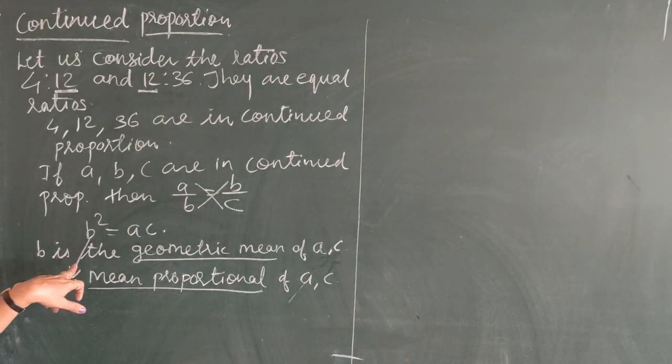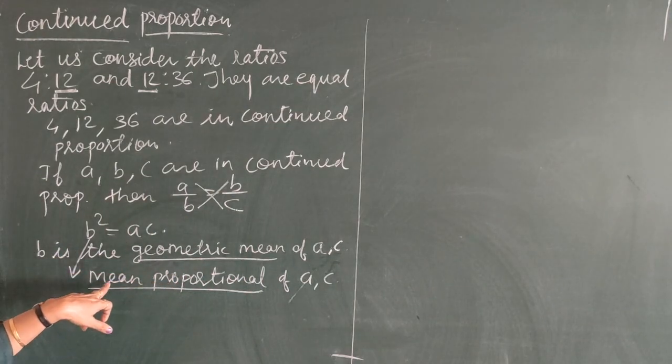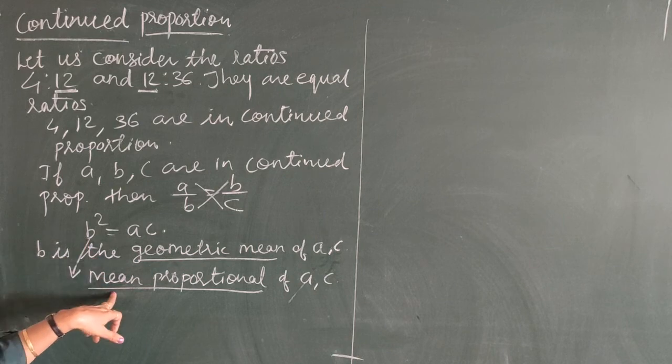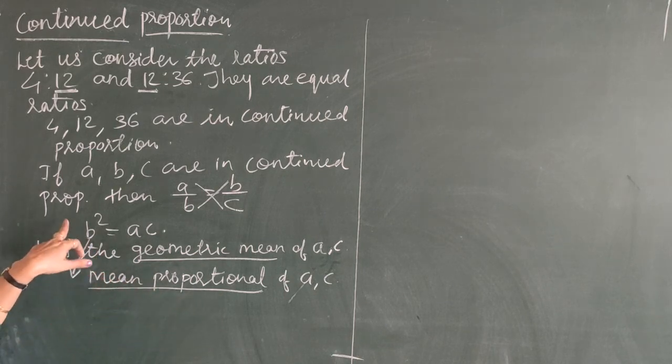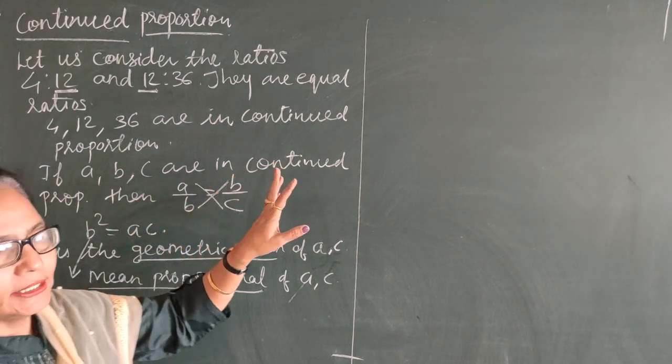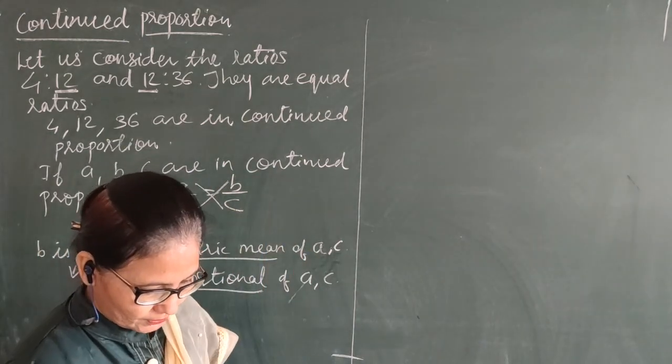So if B is the geometric mean, or the mean proportional, of A and C, then A, B, C are in continued proportion.